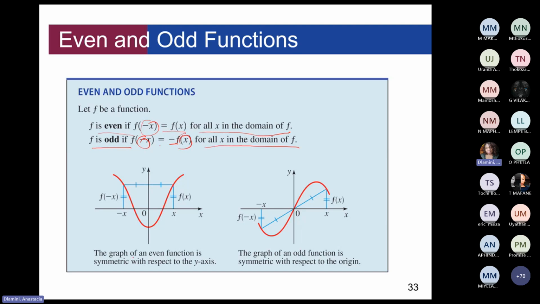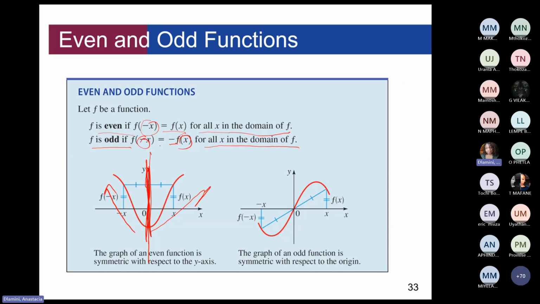Now they say the graph of an even function is symmetric about the y-axis. So if you cut along the y-axis, this half here will look exactly the same as that half there.